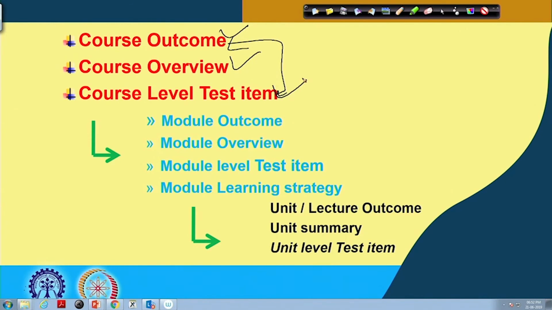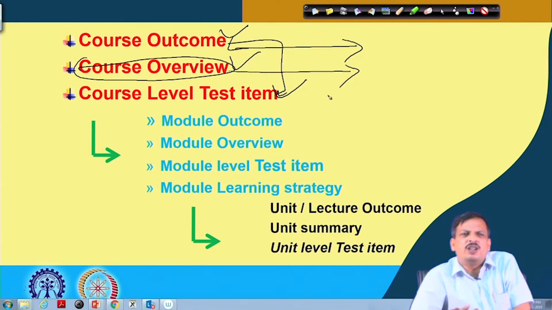What is course outcome? The outcome of that subject is called course outcome. What is course overview or subject overview? All of you say the subject overview is nothing but the coverage of the subject. It is not only the coverage of the subject. It also contains how to motivate the student to take this course.